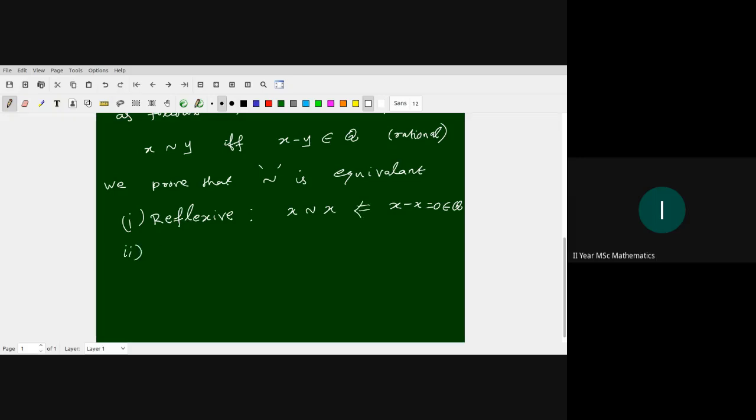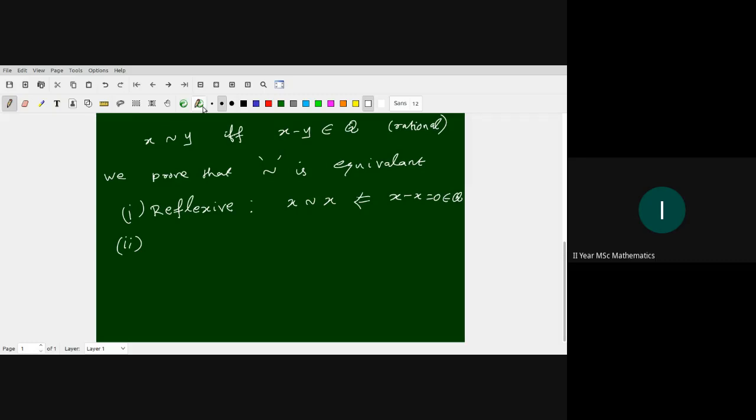What is the second property to prove? A relation is an equivalence relation if it is reflexive, symmetric and transitive. The second property is symmetric. If x is related to y, then we prove that y is related to x. By definition x minus y is rational.